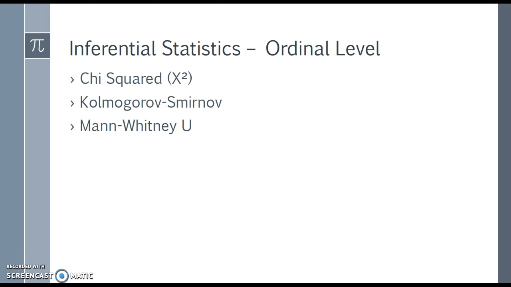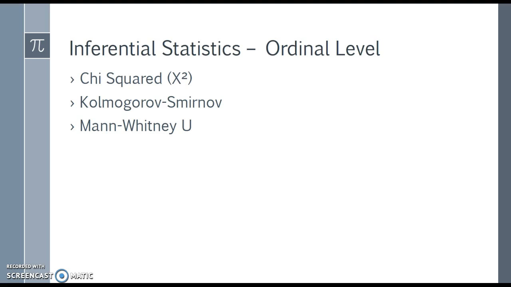So if you have ordinal data and you can't use a t-test and you cannot use an ANOVA, there are other statistical tests that can be run. So you have the chi-squared, the Kolmogorov-Smirnov, and the Mann-Whitney U. I won't go into great detail about this because typically DNP students will use percentages or frequencies to describe their data.